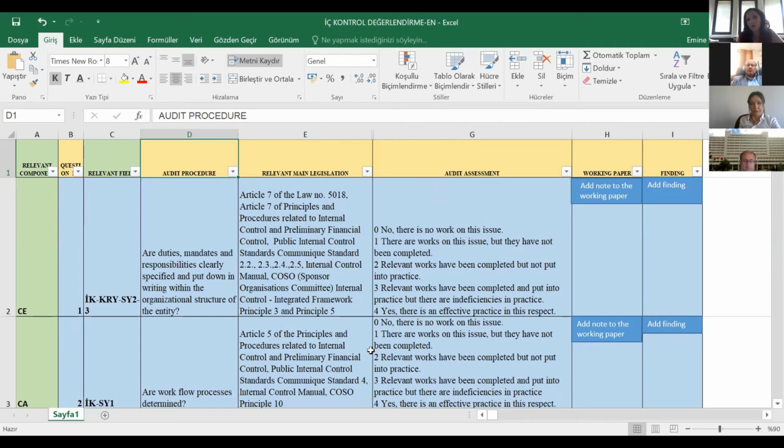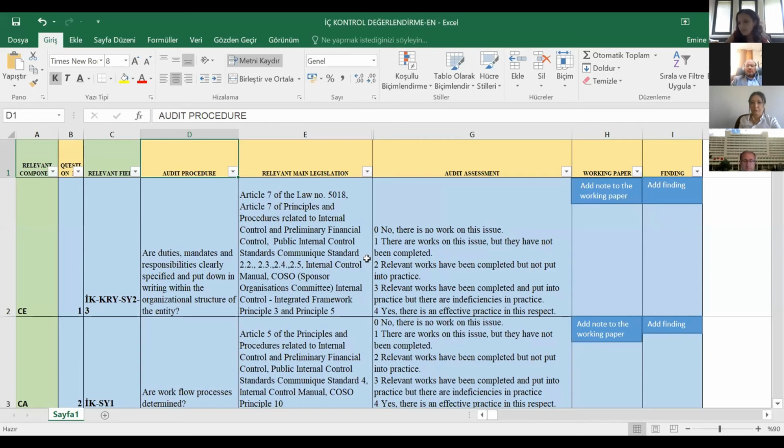If our score is 0, it means there is no work on this issue. It means the number 1 requirement, the existence, is not here. So we can say that the internal control system is not established. Score 1 means there are works on this issue, but they have not been completed.